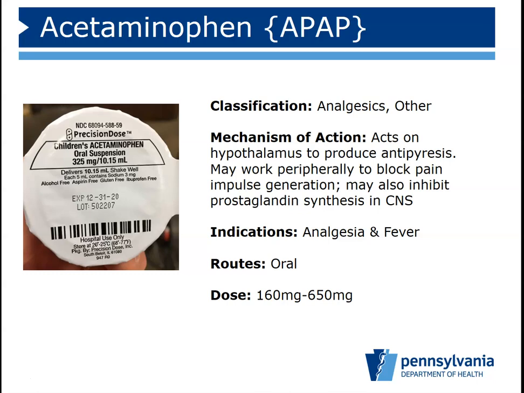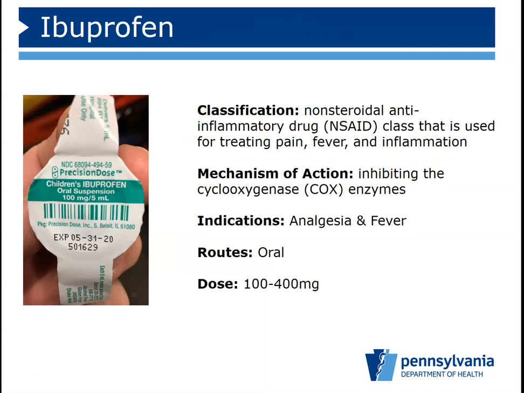It also inhibits prostaglandin synthesis in your central nervous system. Its indications are going to be analgesia and fever. The route for this is going to be oral. This is an oral suspension of 325 milligrams per 10.15 ml. Our dosing for this is going to be anywhere between 160 milligrams to 650 milligrams.